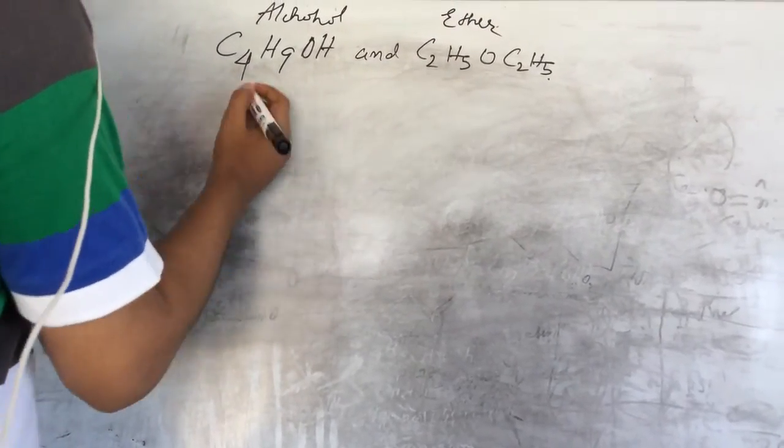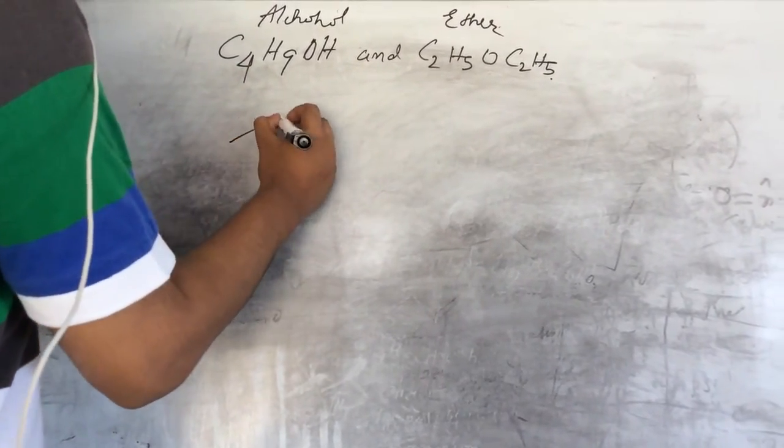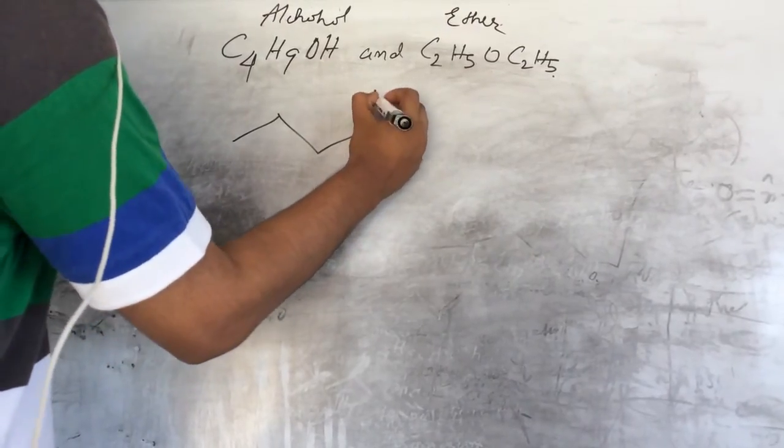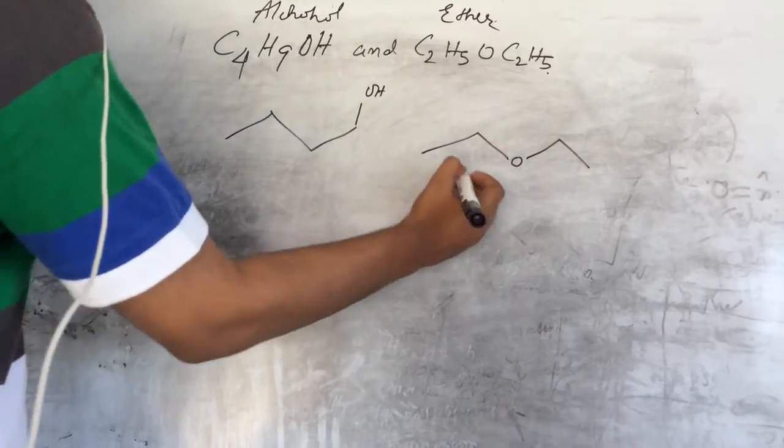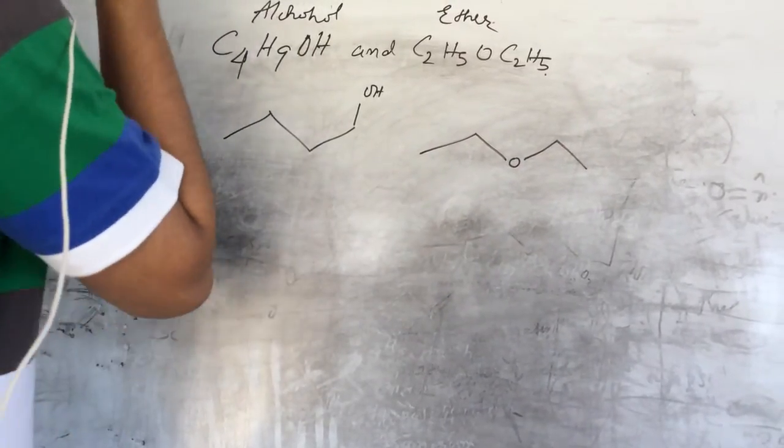So if we draw the structures, this is the ether and this is the alcohol.